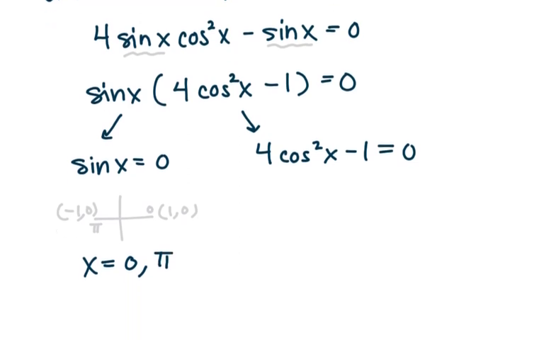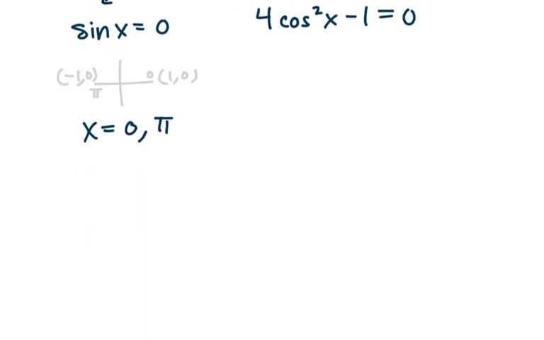Now for my other factor, we have a little bit of algebraic manipulation to deal with. So I'm going to say cosine squared x, I'm going to add the 1 and divide by 4. Cosine squared x is positive 1/4. Now I'll take the square root of both sides.